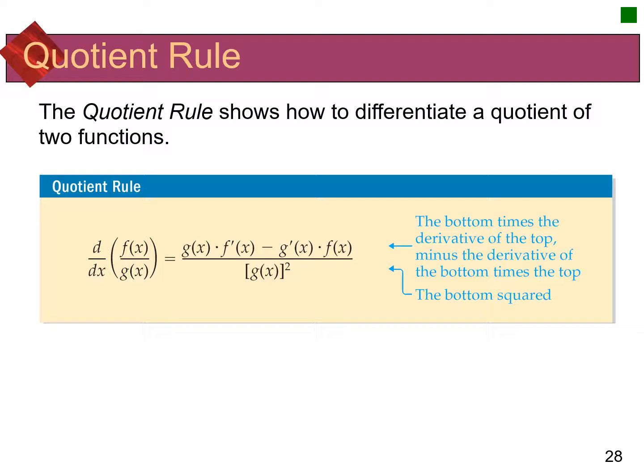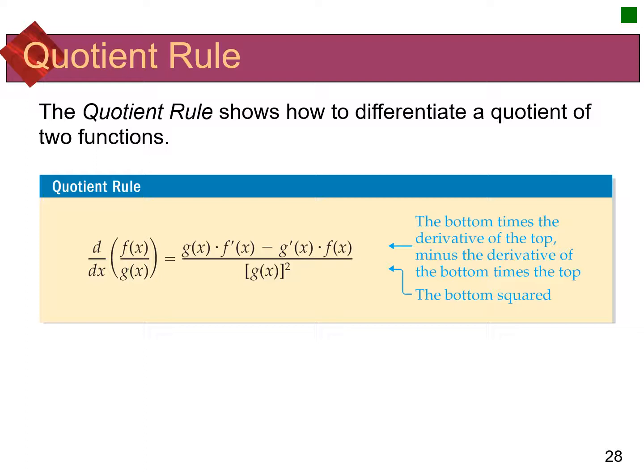The quotient rule states that if I want to do the derivative of a function made up of f of x over g of x, where f of x is the top and g of x is the bottom, we are going to do bottom times the derivative of the top minus the derivative of the bottom times the top, all over bottom squared. That's the general procedure for doing the derivative of a quotient.